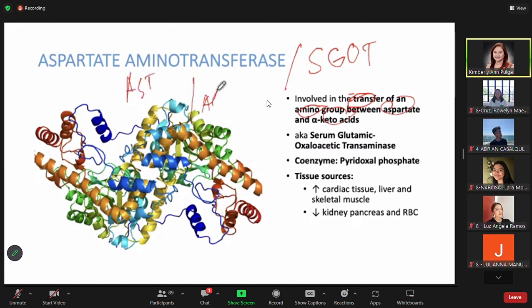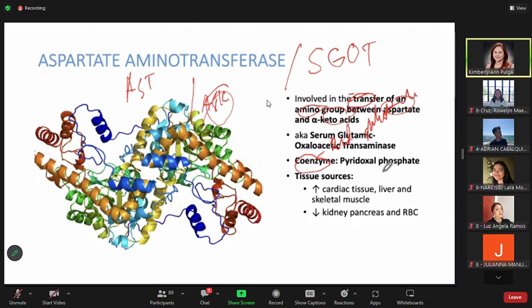So AST, SGOT. ALT, SGPT. In here, we also have a coenzyme, again a cofactor, which acts as a second substrate. Here, pyridoxal phosphate is our coenzyme.